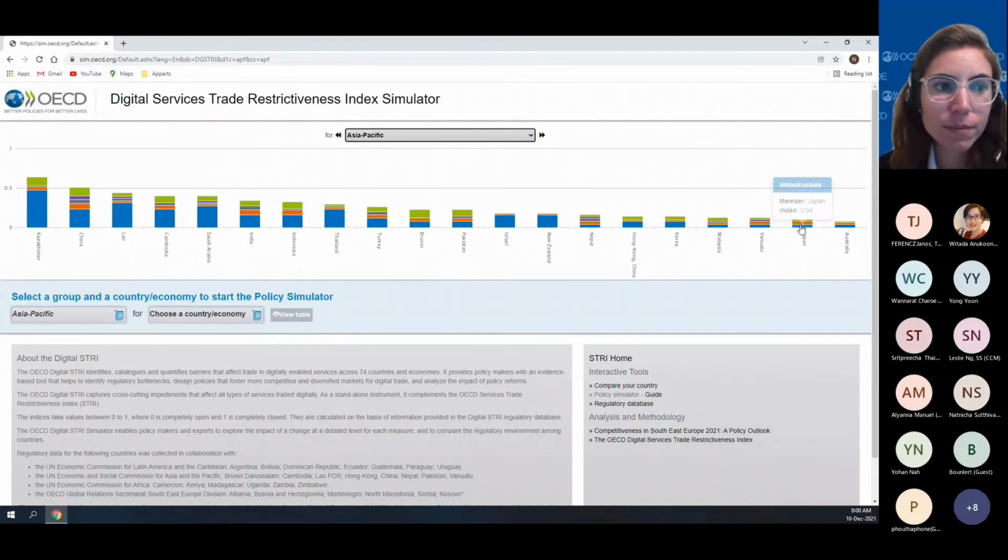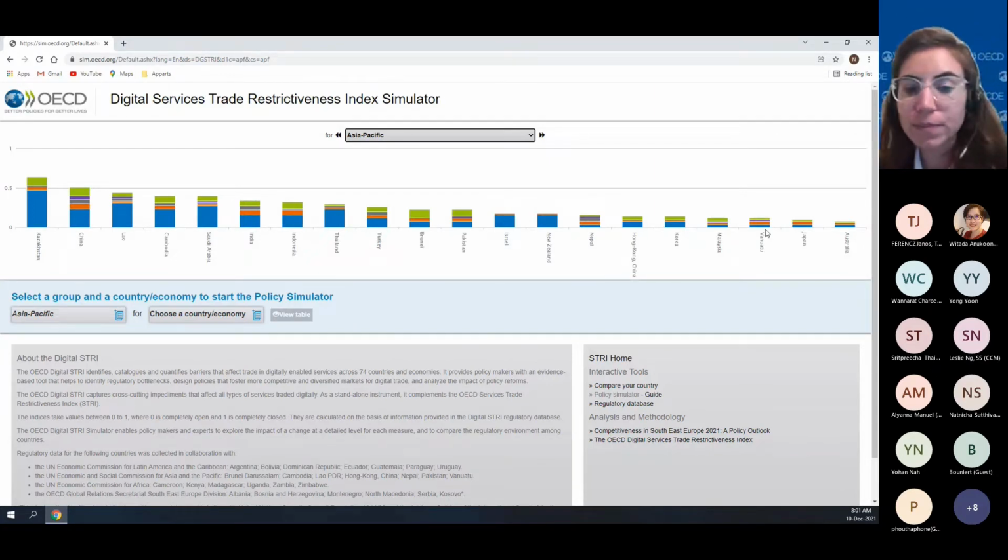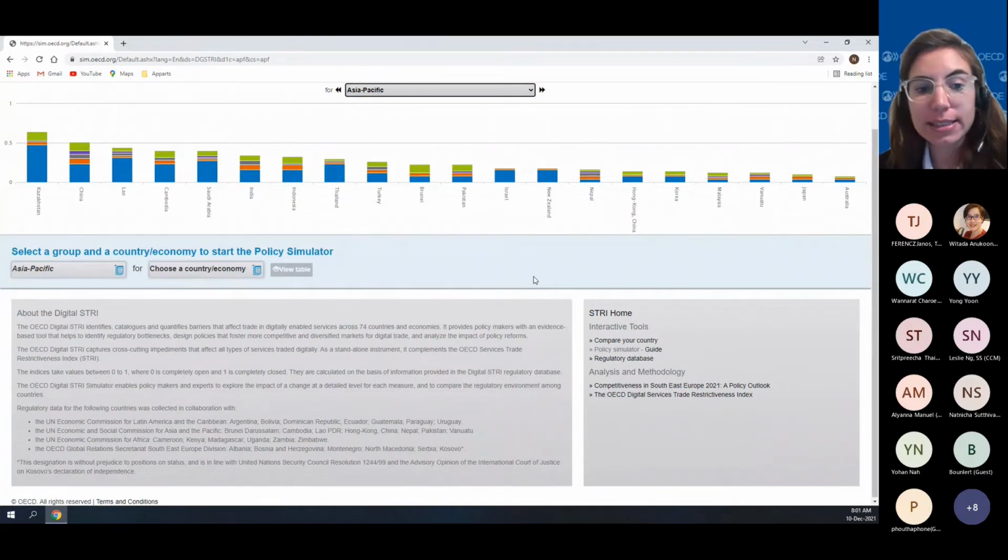They don't have a score for payments, which means it's assumed that they have best practice for payments. So it's not restrictive. Their legislation is not restrictive on the specific measures that we're scoring in the index.